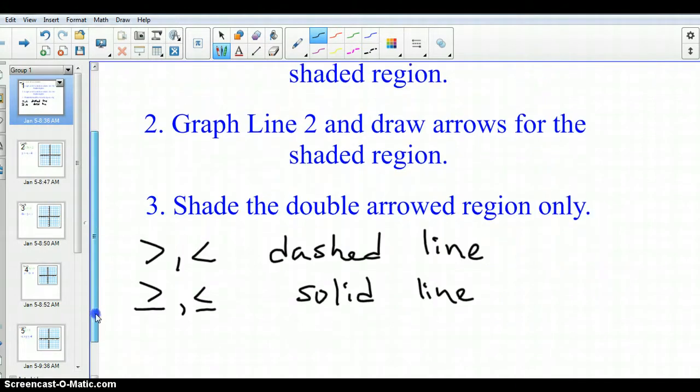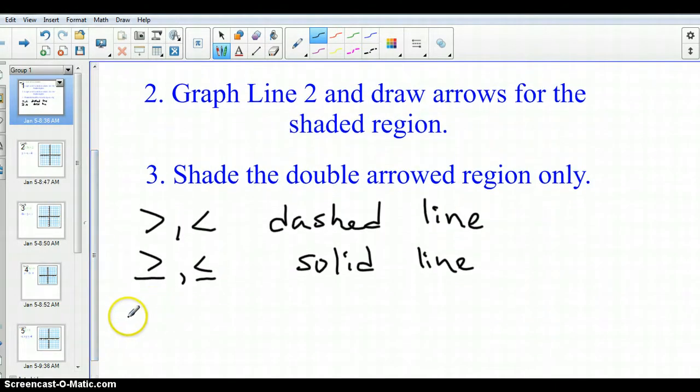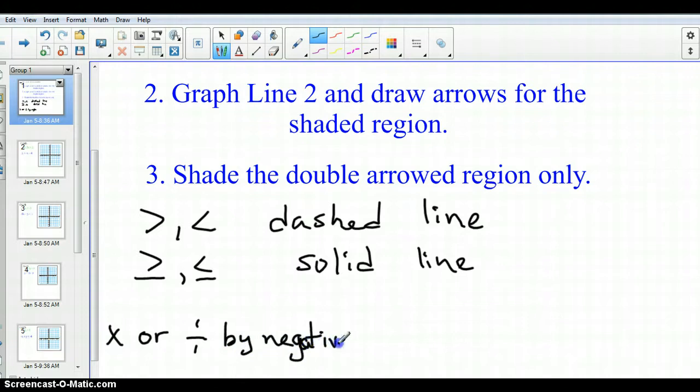And also remember, with inequalities, if we get our inequality in slope-intercept form, so get the y all by itself, and if we divided by a negative, we have to flip that inequality. So if we multiply or divide our inequality by a negative number, we flip the inequality symbol.